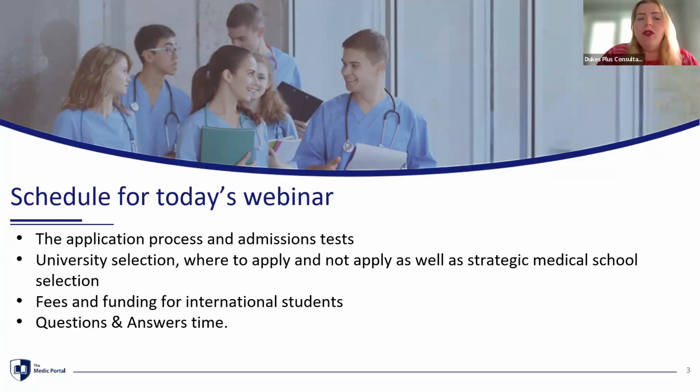Then how to choose your universities and maybe where to apply to and where not to apply to, as well as thinking about strategy, and I'll go into that in a lot more detail later on today. Finally, I just wanted to talk a little bit about the specifics of fees and funding for international students and how that differs to that of UK or EU residents who are applying.